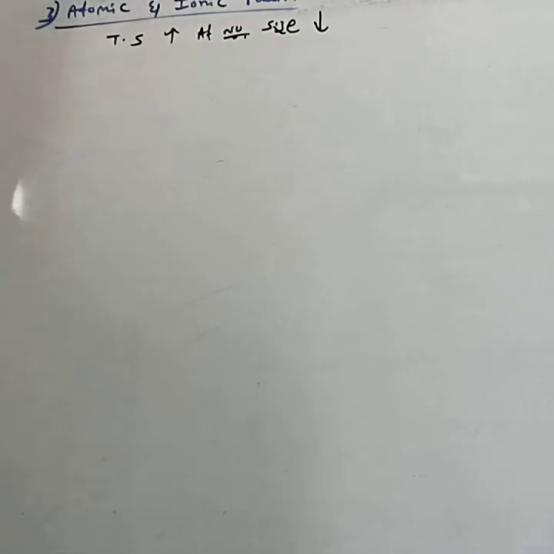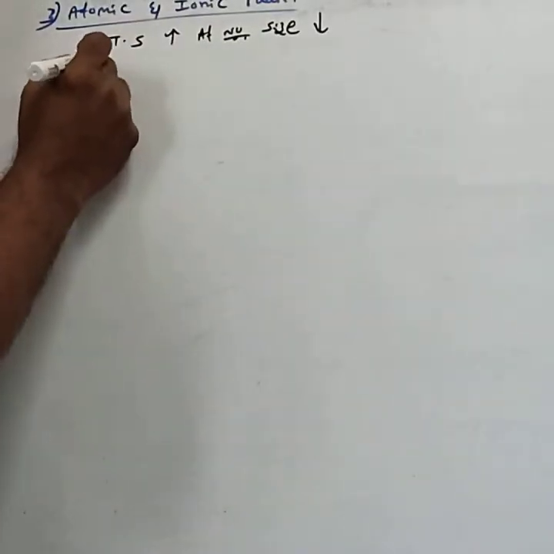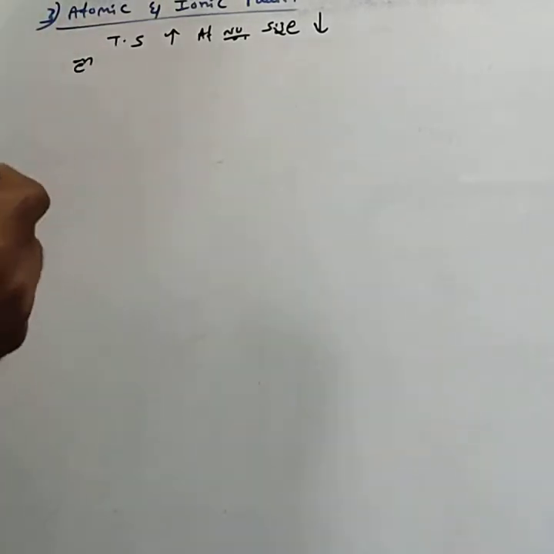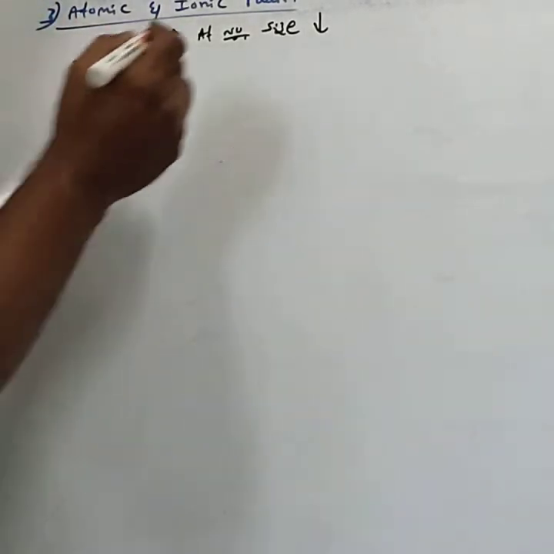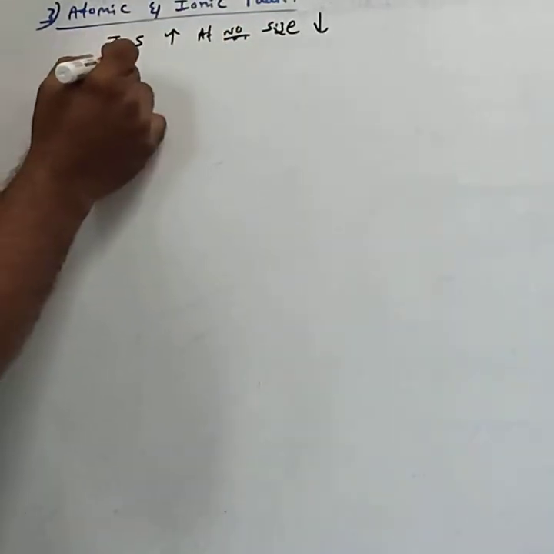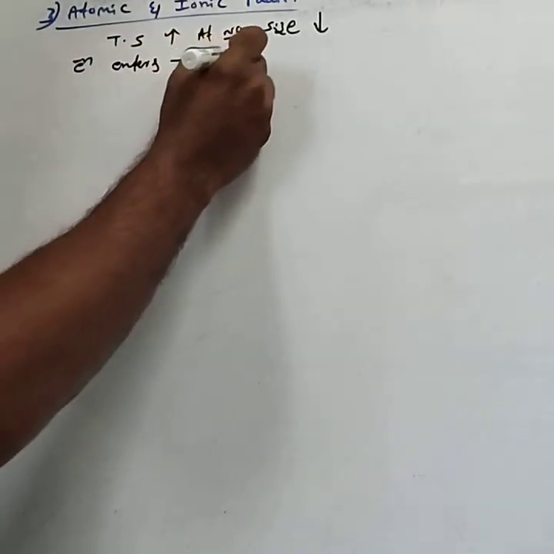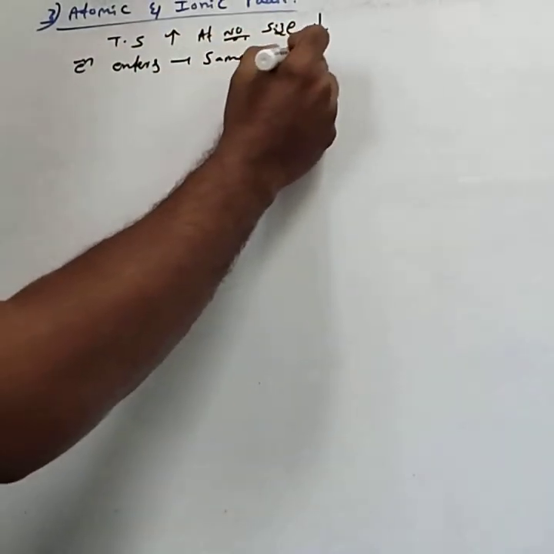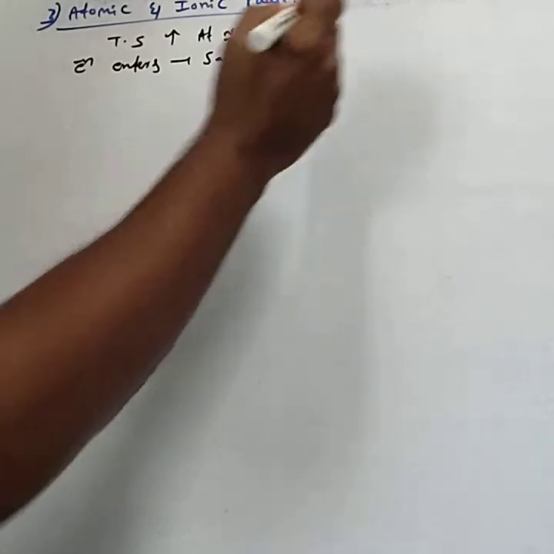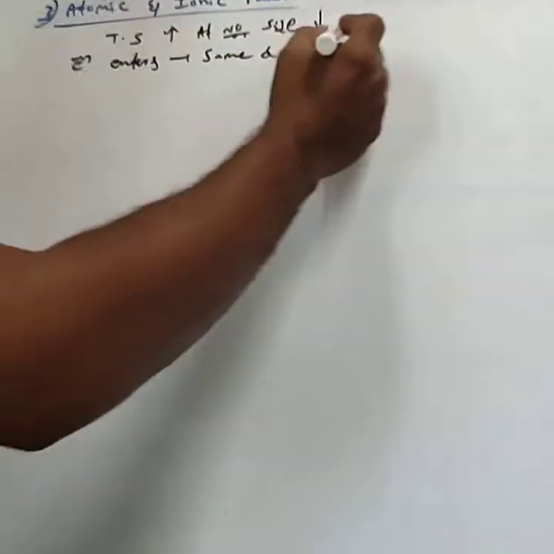Why does this happen? Because with increase in atomic number, the number of electrons increases. The new electron, the added electron, enters into the same d orbital.